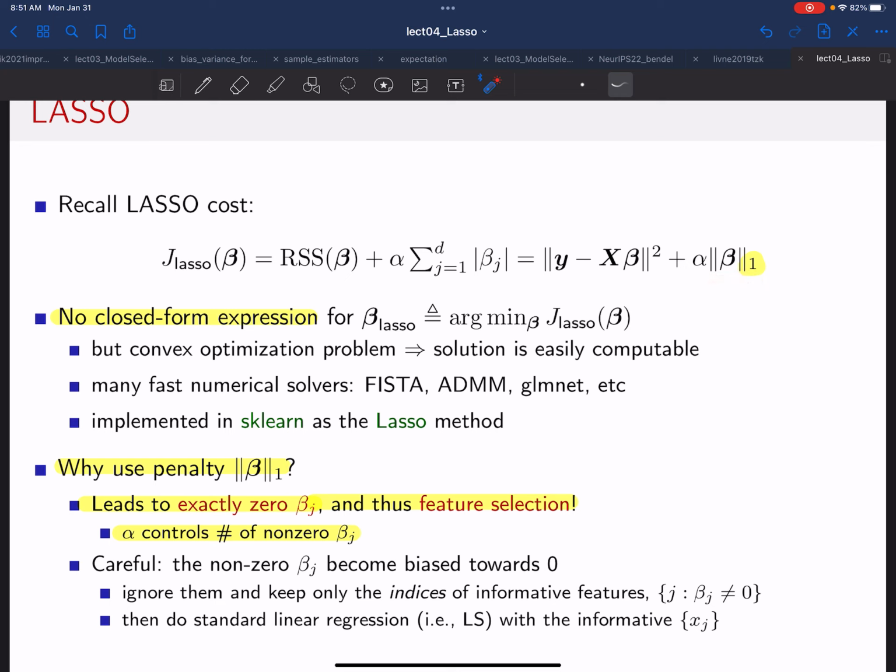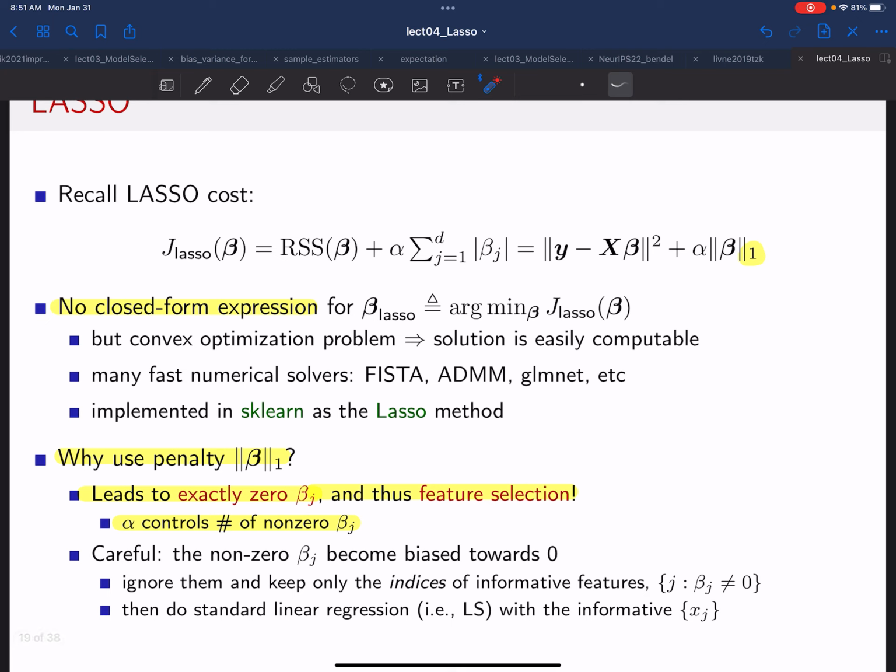But there's another problem with that. When you set a few of them to 0, you are placing a penalty on the remaining betas. And that penalty is usually not something we like. It actually is biasing all our coefficients to 0. So this is one of the challenges with Lasso. The non-zero beta j's become biased towards 0.